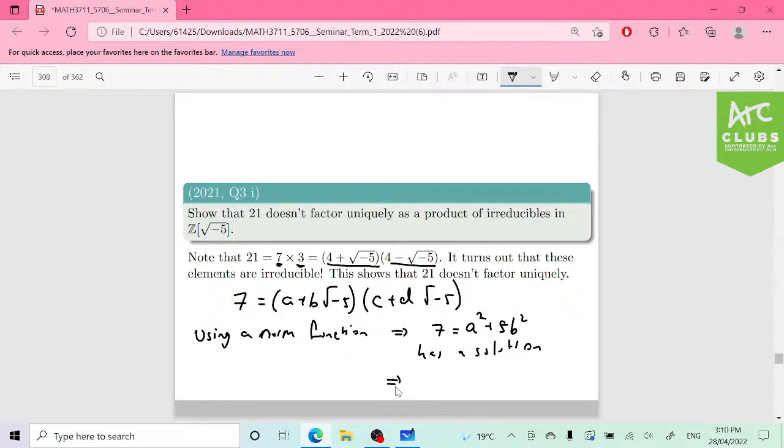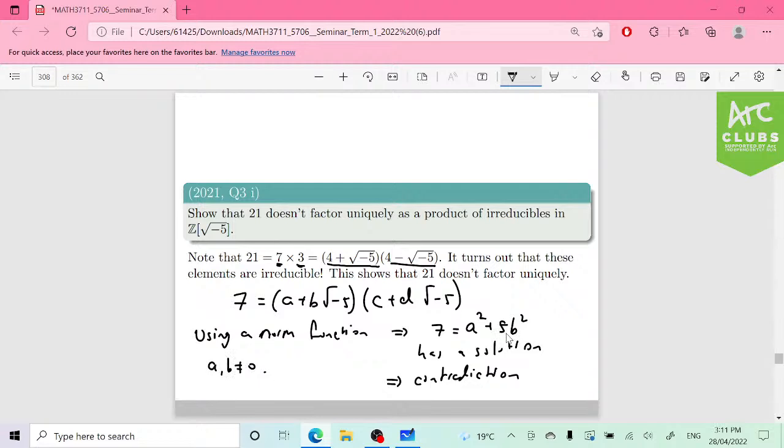But you can quickly show that this is false. This is a contradiction. One way to note the contradiction is, first of all, a and b can't both be 0.